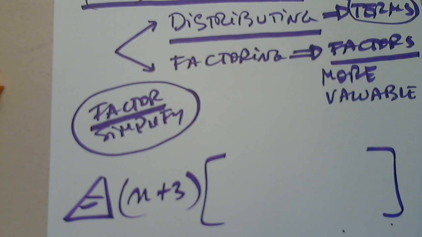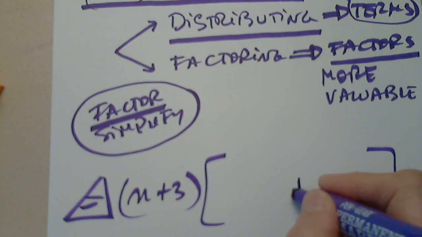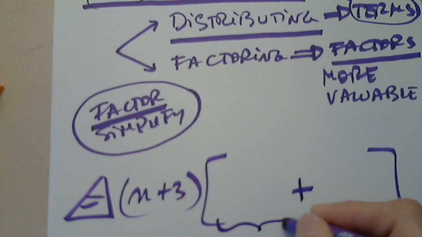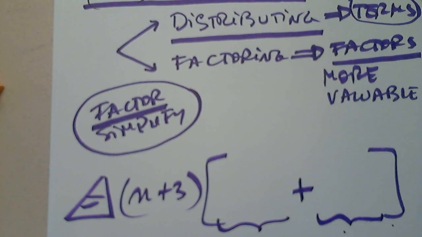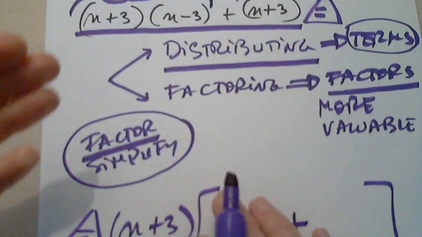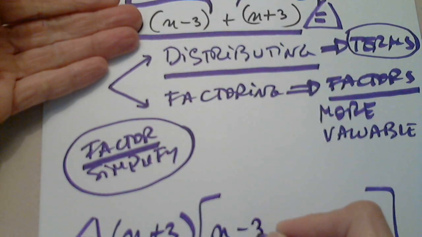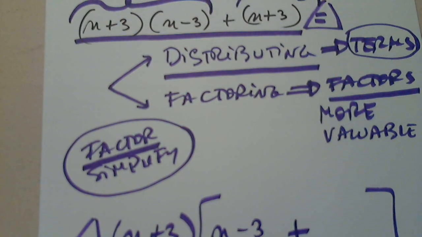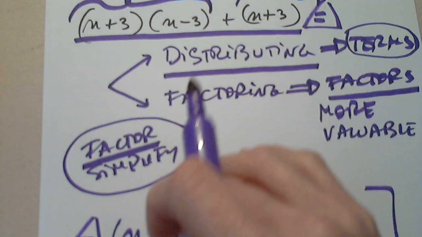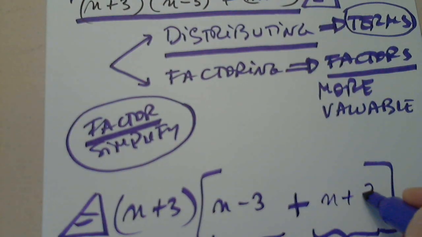Since I have two quantities, I have to have two quantities inside, one coming from the first one and the other coming from the second. What is left from the first one? If I took n plus 3 out, n minus 3 is left. Plus, when I took n plus 3 out of the second, there is an n plus 3 left.